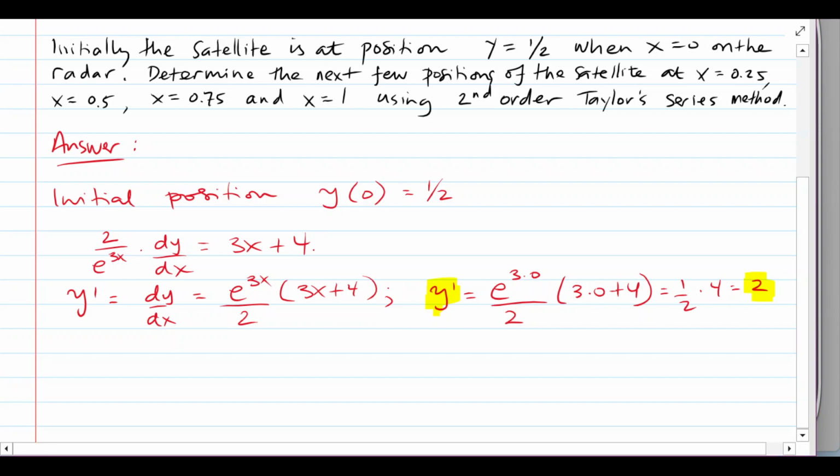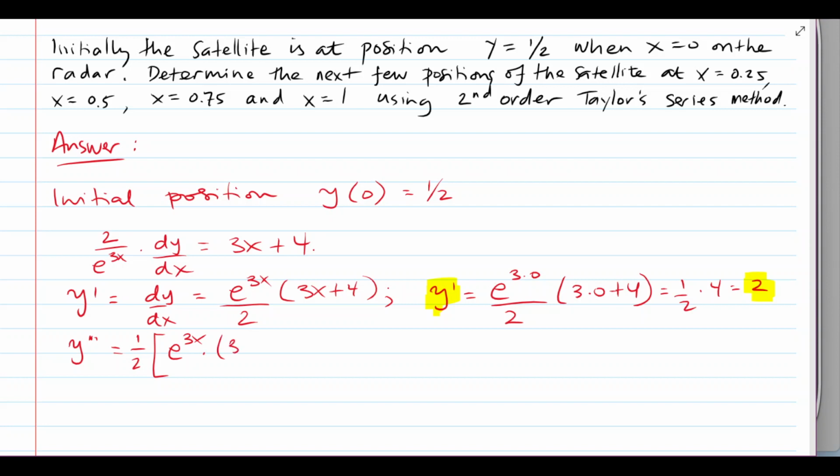And then from here we can work out our y double prime, which is basically the derivative of that. We can write it down using the product rule: e to the power of 3x multiplied by (3x plus 4).